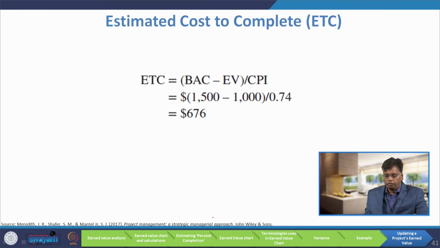From there we can find out the estimated cost to complete, ETC. We have studied that estimated cost to complete is the baseline cost, that is 1500, minus EV, earned value 1000, upon CPI, cost performance index. So we get ETC, the additional cost required to complete the whole project.